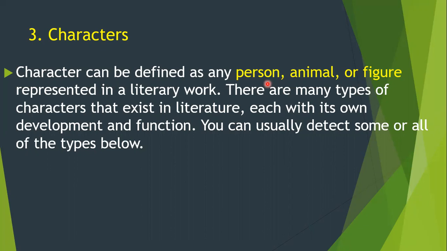So they are represented in literary work. Where can we find them? We can find them in literary work. There are many types of characters that exist in literature, each with its own development and function.